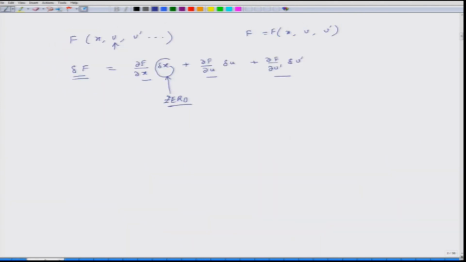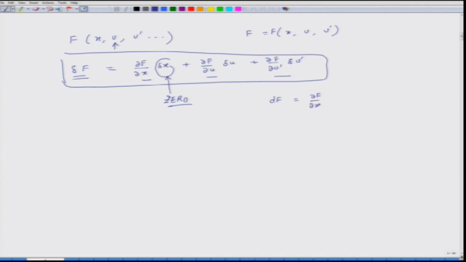So, this equation is very similar to the equation df is equal to del f over del x delta x, like that. But this term does not exist when we are talking about variations. This is important to understand.